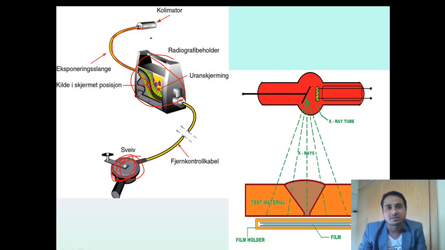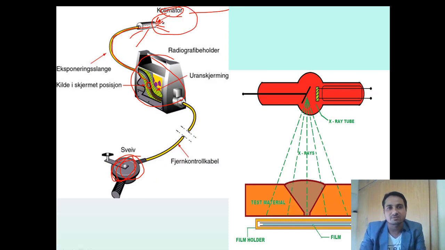Here, and it is the collimator. The collimator is basically a safety device which will allow only the travel of these rays in the direction of the film, meaning it will not scatter in this direction, because my area of interest is this direction.